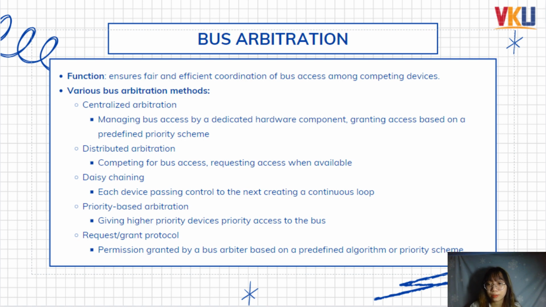The choice of bus arbitration method will depend on factors such as the system architecture, the number and type of devices, performance requirements, and the design fairness and efficiency of the bus access. So different systems may employ different techniques to suit.